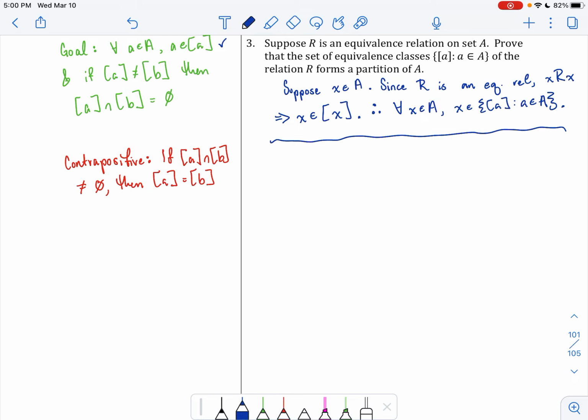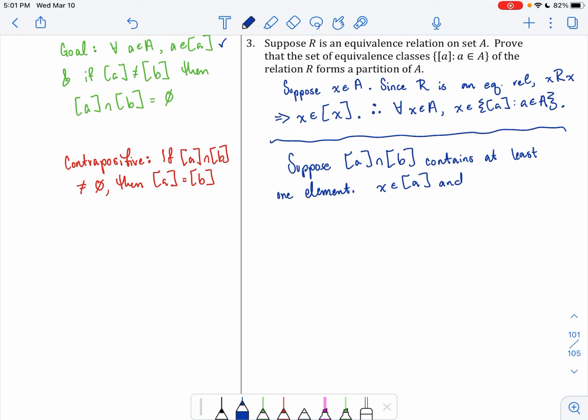So I'm going to suppose that the intersection of [a] and [b] is not the null set, and what that means is that it contains at least one element. That's what it means to not be a null set. Therefore, x is in [a] and x is in [b] for some x in A. That's what it means to be in the intersection.